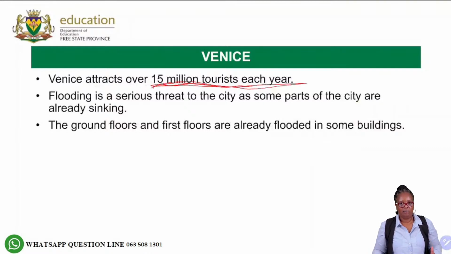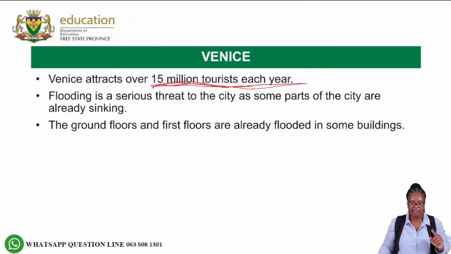Like I said before, you need to look at the success of the icon and the threat to the icon. For this icon, flooding is a serious threat. Remember, the city itself is on top of the lagoon, on top of the water. So flooding is a threat here.